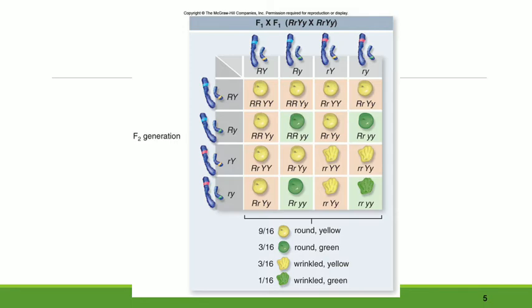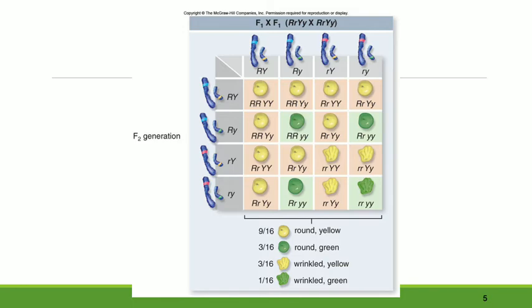So if that F1 generation was heterozygous, that means that it had both big R and little r, big Y and little y inside of its nuclei, right? It had information for both varieties of both of the traits.